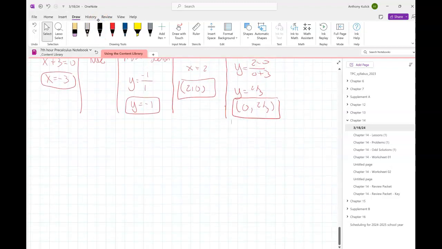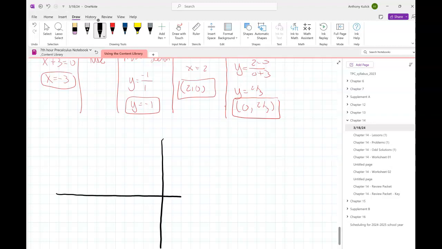All right, let's draw a graph then. Again, I'm going to go by halves here. So 1, 2, 3, 4, 5, 6.